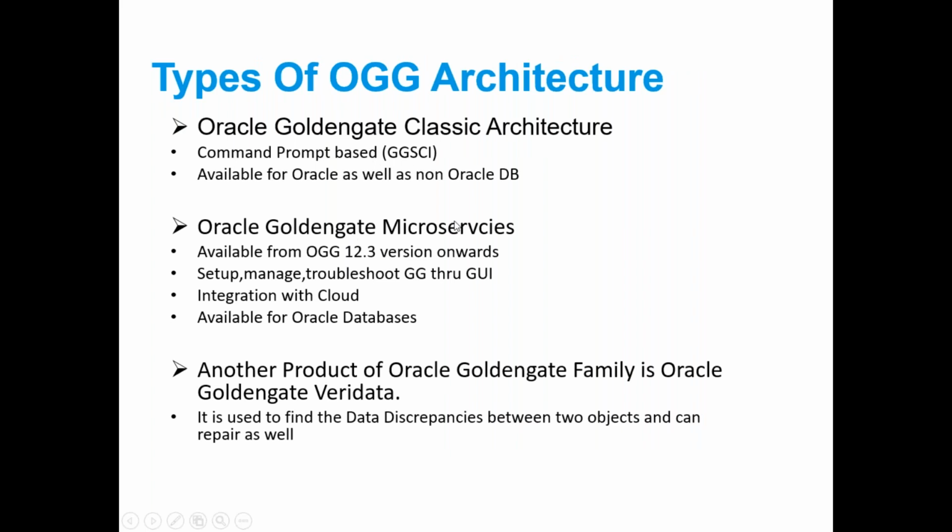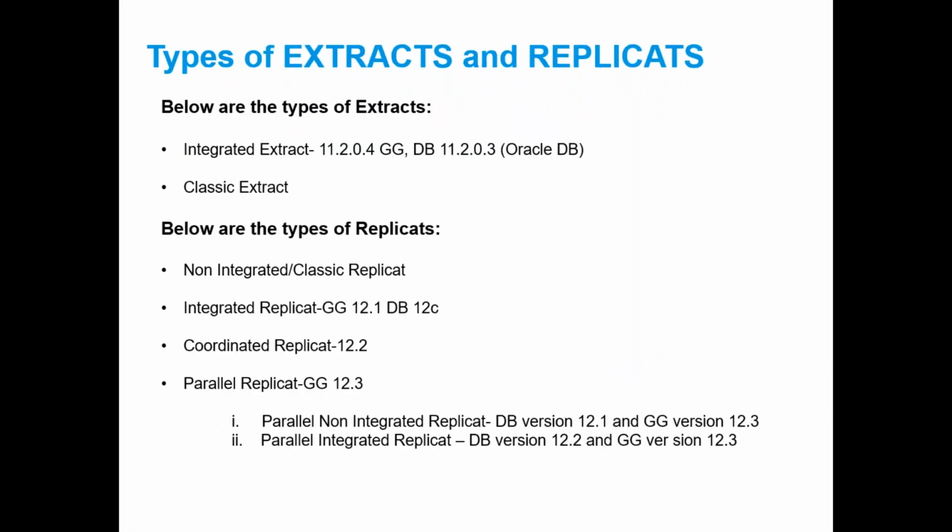Classic in GoldenGate means it's the traditional one, which has been there since the beginning, and now the latest architecture is microservices, and the latest extract which was introduced was integrated extract. So any question from anyone? Otherwise, we'll move to the architecture of Oracle GoldenGate.